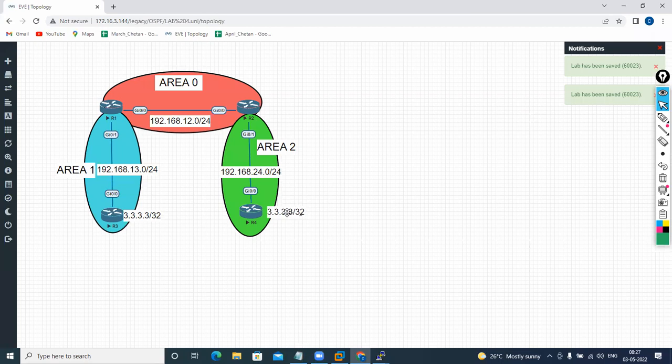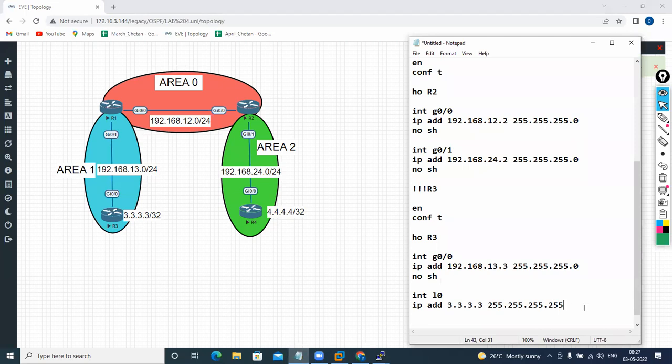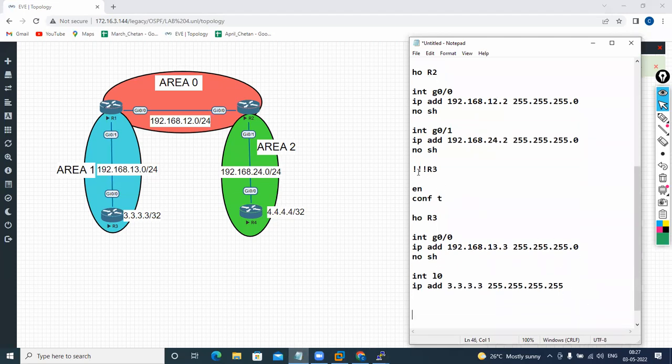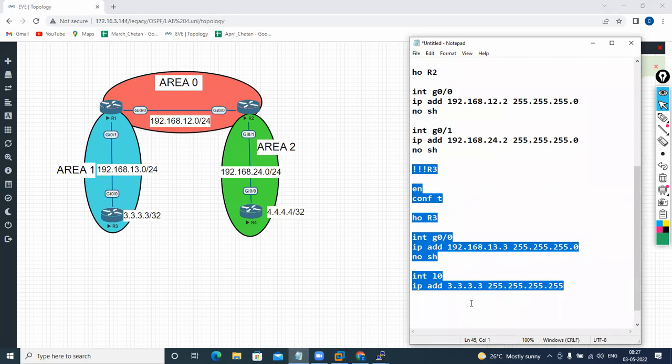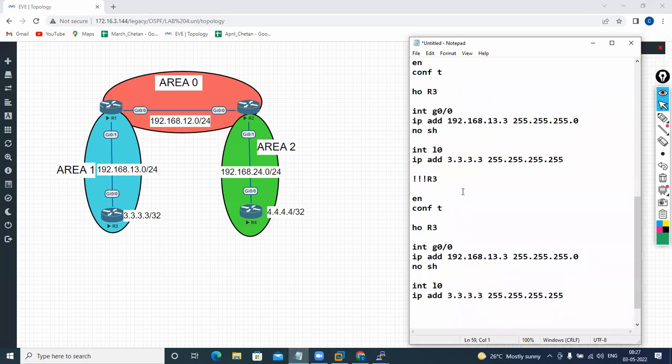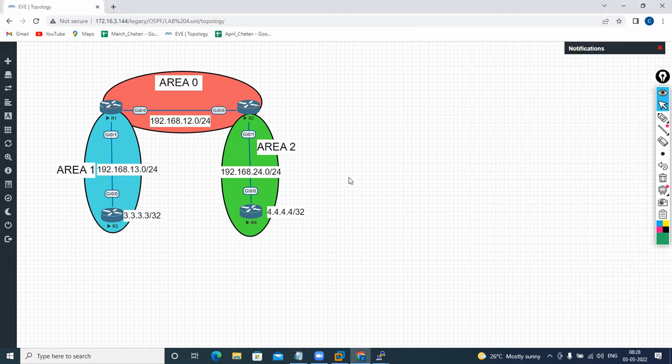On R4 also we have a loopback, 4.4.4.4. On R4, interface 0/0, the IP address will be 192.168.24.4 and we have a loopback 4.4.4.4. Just copy paste. Then we'll enable OSPF.